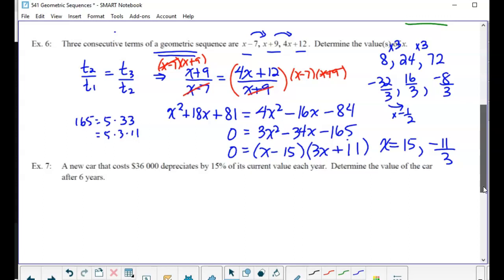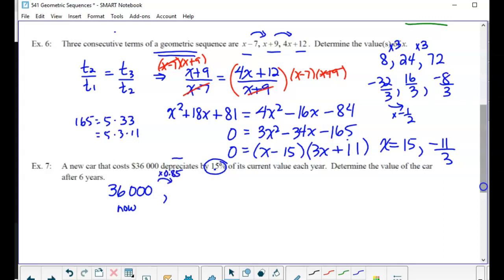Determine the value of the car after 6 years. So I like to write out the value. $36,000 is now. Then the next year, if it depreciates, that means you have to subtract 15%. So the easiest way is to multiply by 0.85.